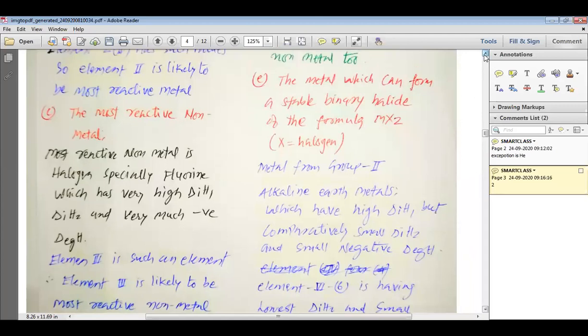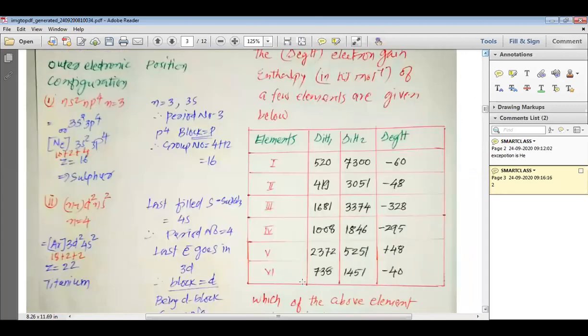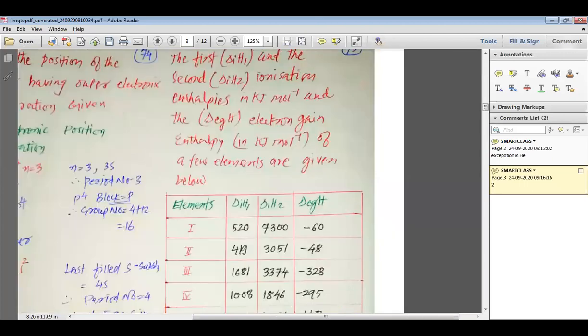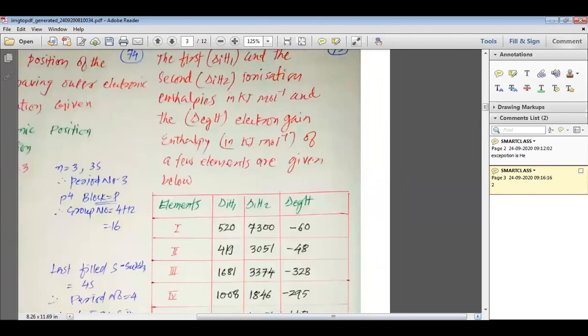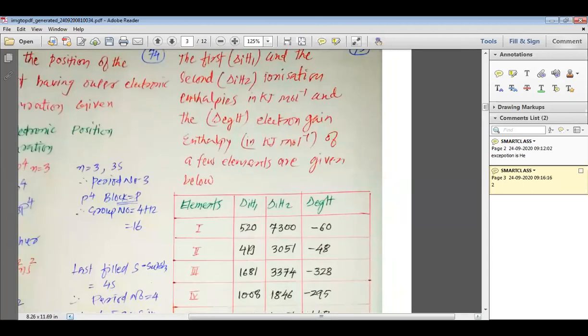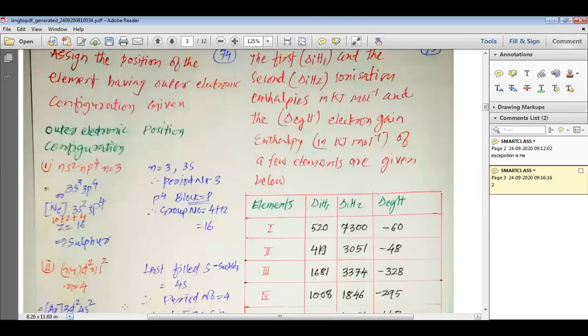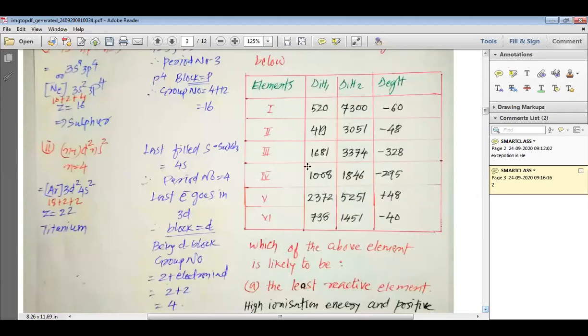You can see here, my dear students, that in element number 3, the values of the first and second ionization enthalpies are considered to be very high. These values are not as high as the inert gas, but they are quite high. If you look at the inert gas, these values are very high.